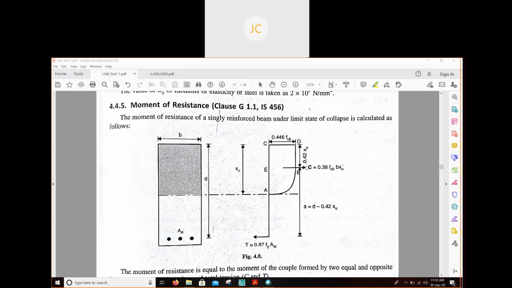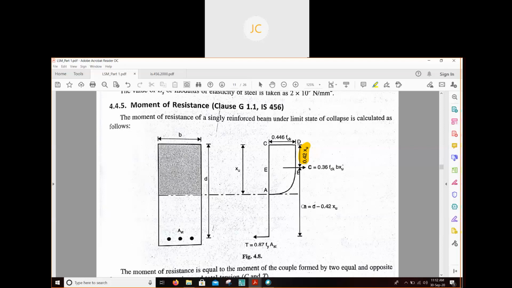The total compressive force is at a distance of 0.42 XU according to IS 456. This total depth is our D, the effective depth. So the lever arm will be written as A equal to D minus 0.42 XU.